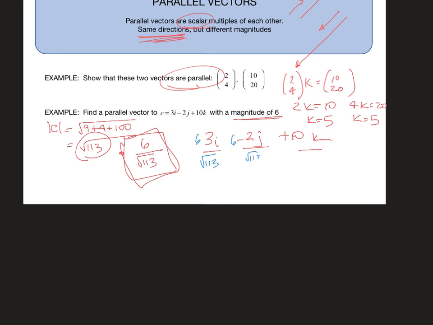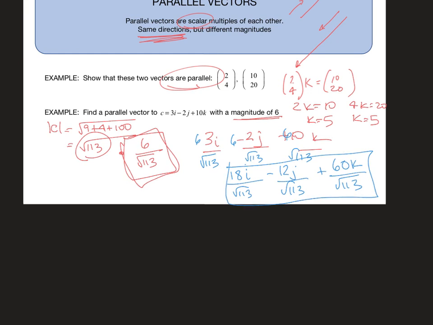And let's just simplify that. So I end up with 18i over rad 113 minus 12j over rad 113 plus 60k over rad 113. That has the same direction, but a different magnitude.